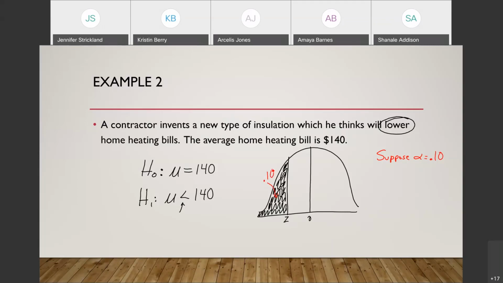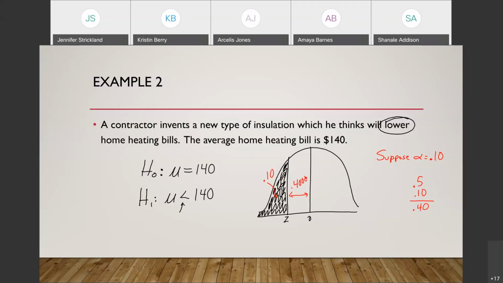So what do you need to do first? Subtract the 0.5 and the 0.10. That's going to give you this piece, which is what you need in order to use the table, right?